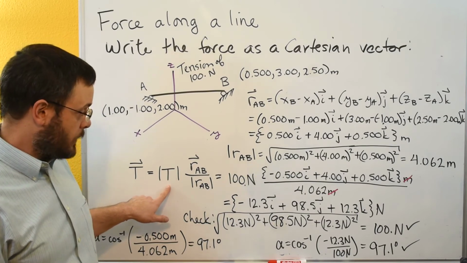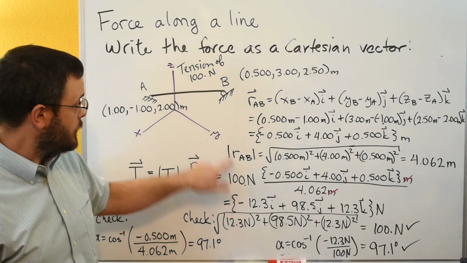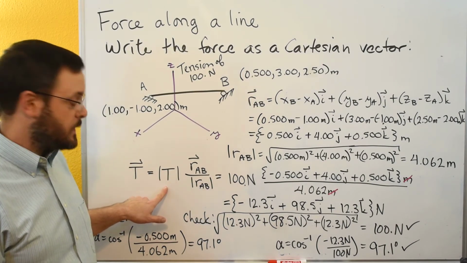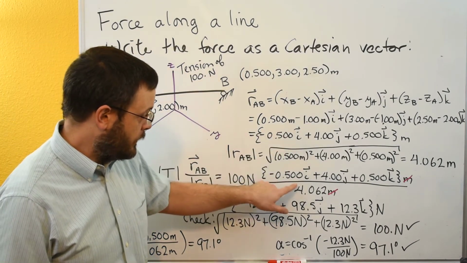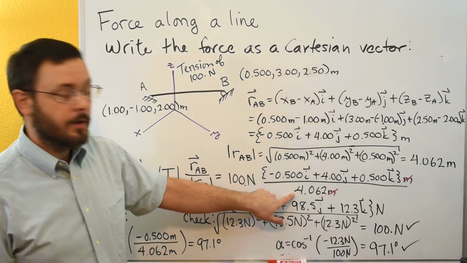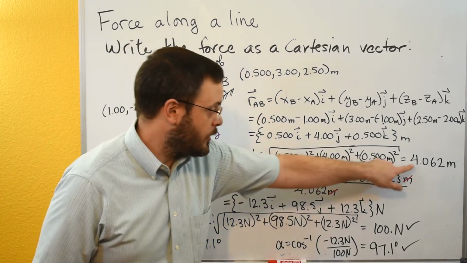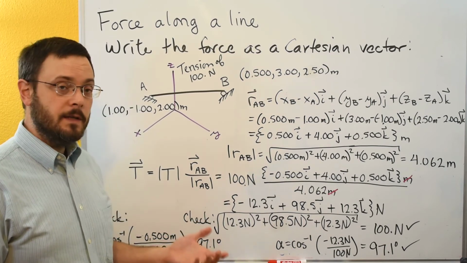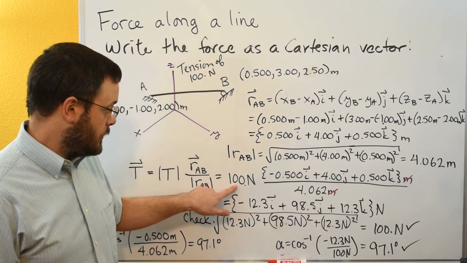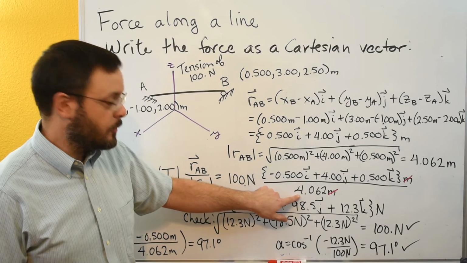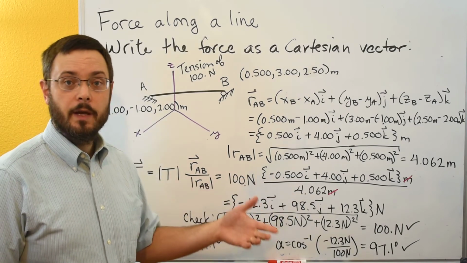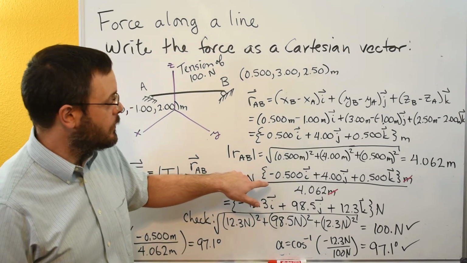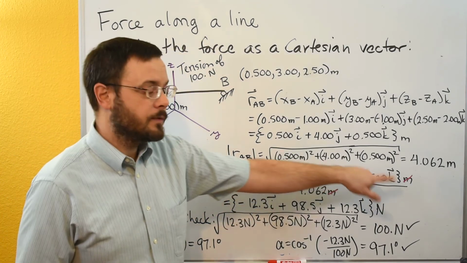Okay? But either way of looking at it, when we plug in the numbers, we plug in the 100 for the magnitude of T, we plug in the r vector here, and then we plug in the magnitude of the r vector down here. Doing this calculation, probably the easiest way is to do the 100 divided by the 4.062, and then just store that in your calculator's memory. And then you can multiply that number by each of the 3 components.